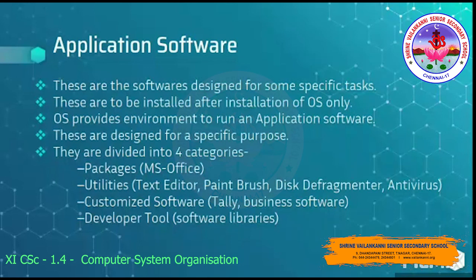These are the programs written by programmers to enable computer to perform a specific task such as processing words, inventory control, handling calculations and figures, medical accounting, financial accounting, result preparation, railway reservation, billing, etc. Application software can be further subdivided into 4 categories: packages, utilities, customized software and developer tools.